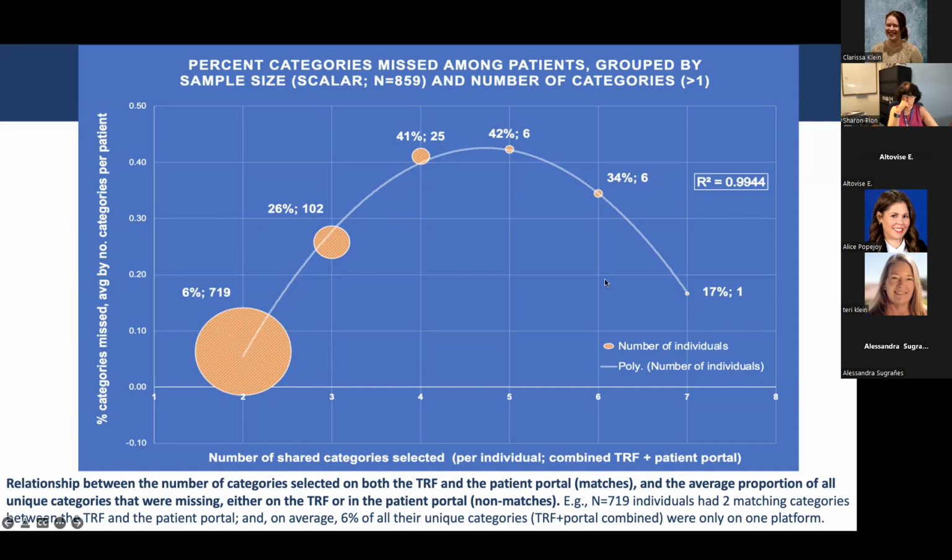So that makes sense, right? But we're also looking at the magnitude, so the number of individuals who fall into these categories. You see the majority just have 2 or 3 matching, with really smaller numbers up in these larger numbers of categories shared. So, questions there?